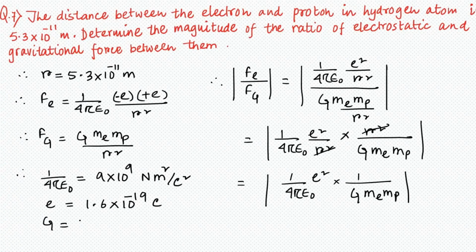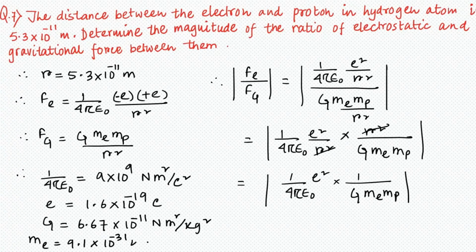G, that means gravitational constant, is 6.67 into 10 to the power minus 11 Newton meter square per kg square. Then mass of electron is 9.1 into 10 to the power minus 31 kg, and mass of proton mp is 1.67 into 10 to the power minus 27 kg.